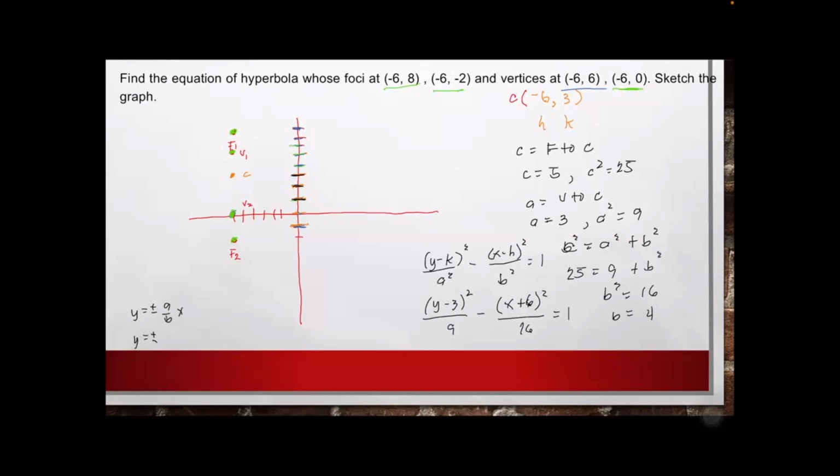Ang a natin ay 3 at ang b natin ay 4. Then x. Now, from the center, magra-rise tayo ng 3. So, this will be center na ba yun? Let's wait na.